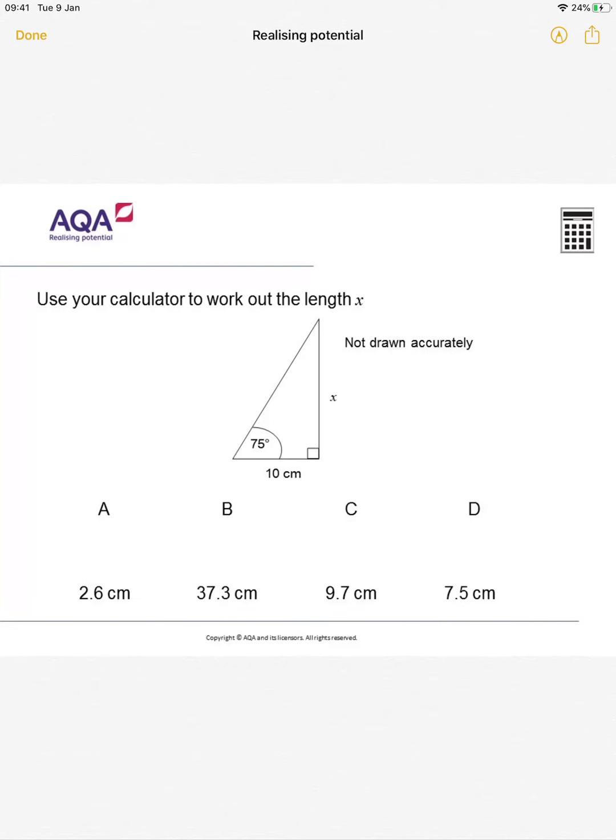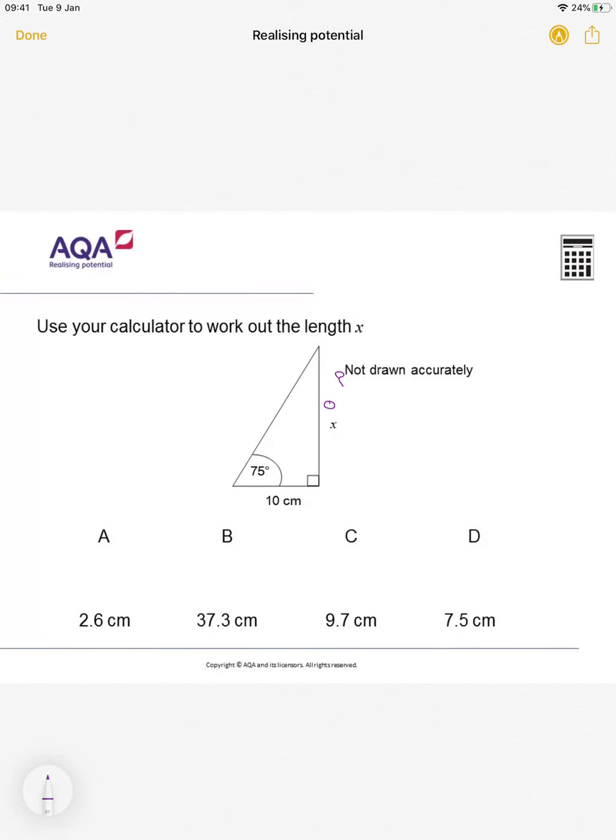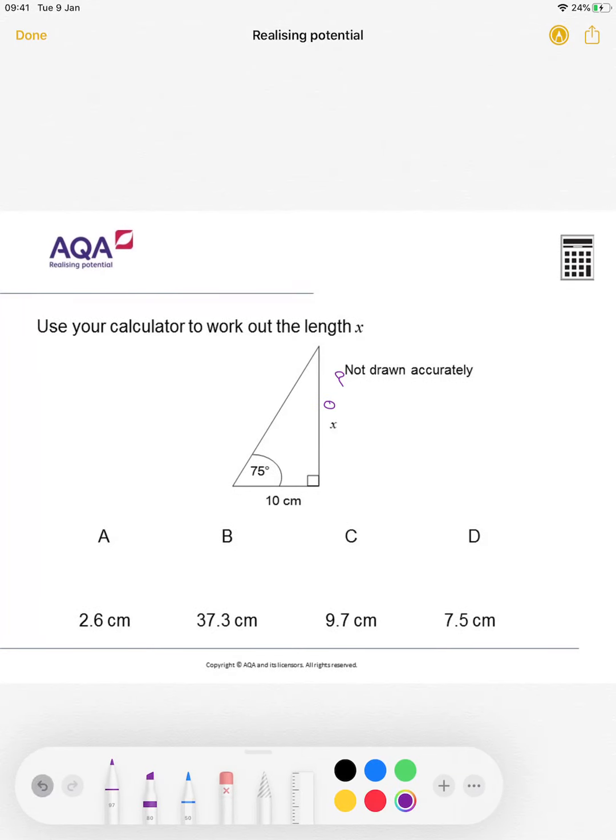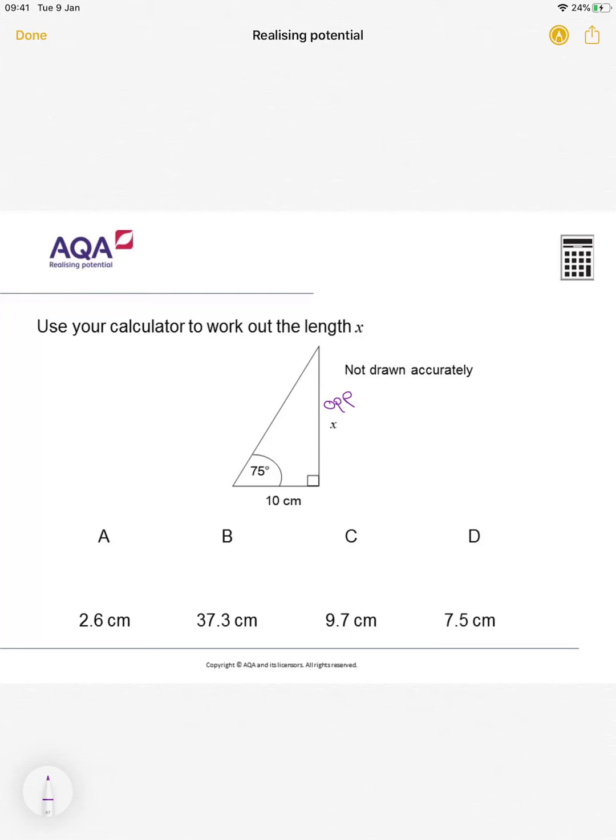So you should have had a chance to have a go at that now. So I'm just going to work through it. So that tells me that it's going to be another tan one because I'm finding opposite and I've got adjacent.